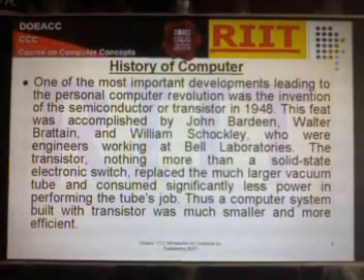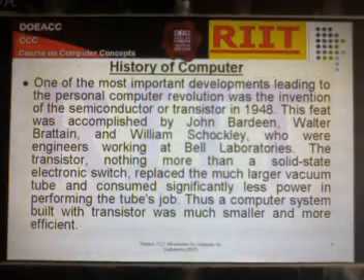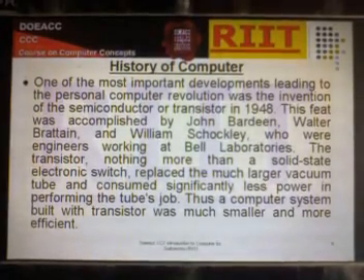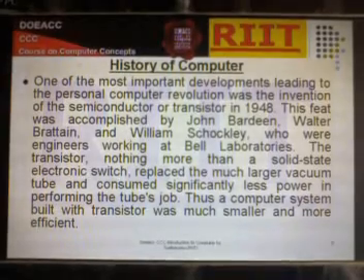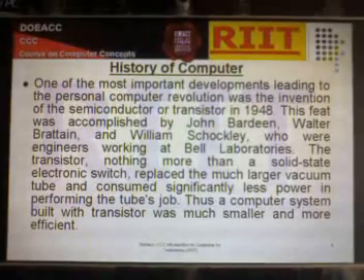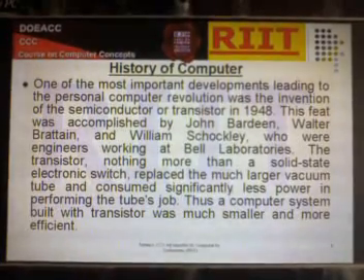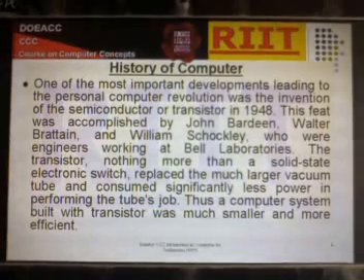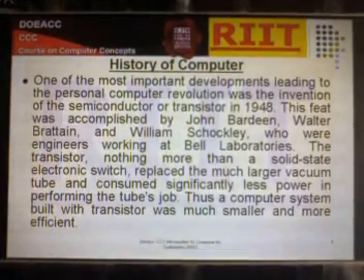The transistor, nothing more than a solid-state electronic switch, replaced the much larger vacuum tube and consumed significantly less power in performing the tube's job. Thus, a computer system built with transistors was much smaller and more efficient.